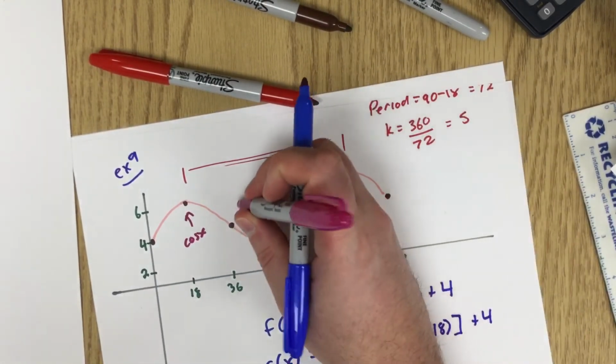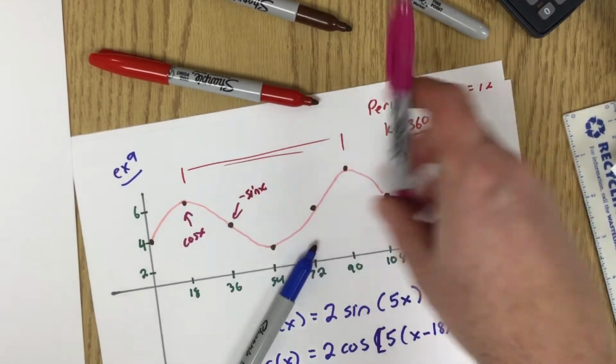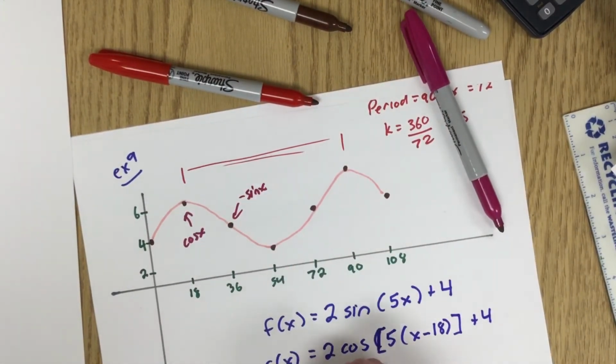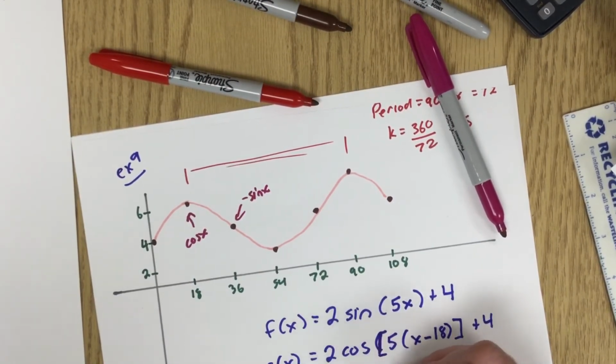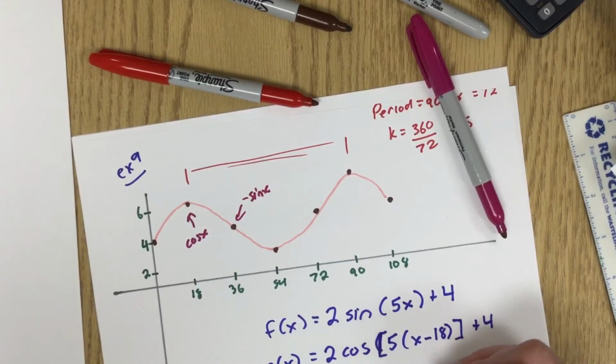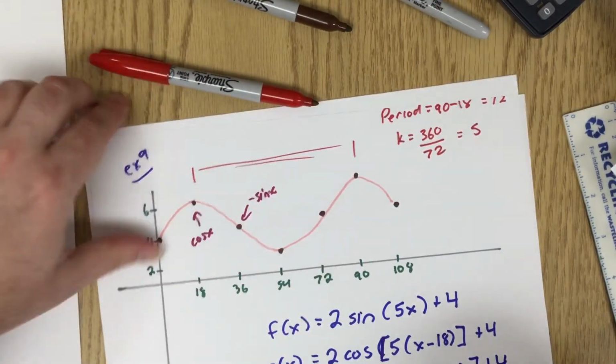Or we could have started it as a negative sine graph. We could have started it over there, and that would be minus 2 sine 5 times x minus, and this time it would be 36, plus 4. And any one of those would be acceptable answers.